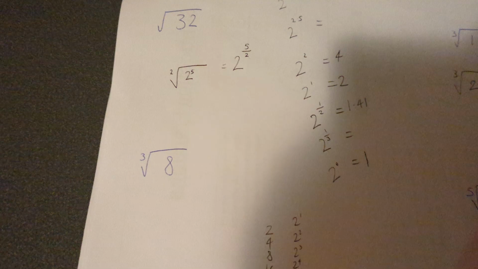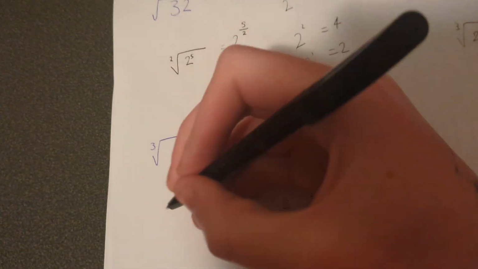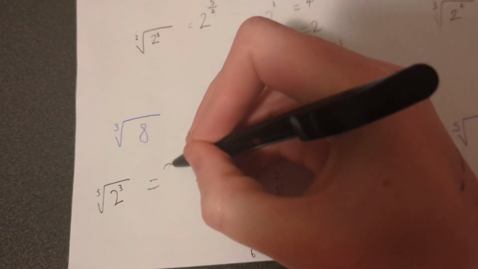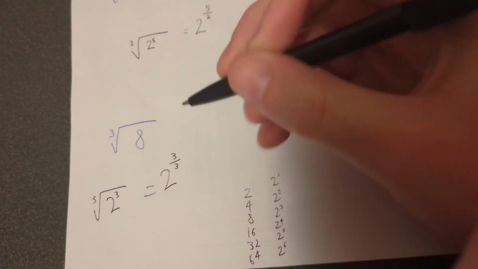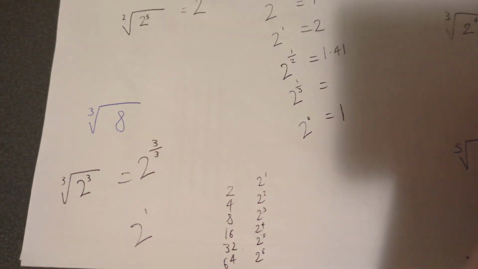This one here. Cube root of 8. So if we look down here, 8 is 2 to the 3. And 3 of 3, oh, that just means 1. 2 to the 1.